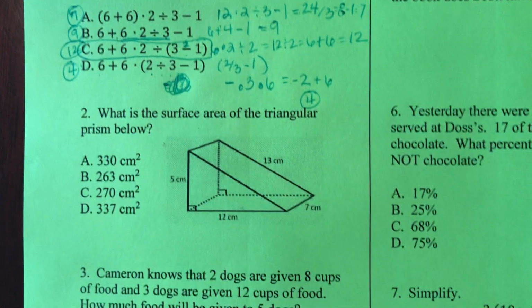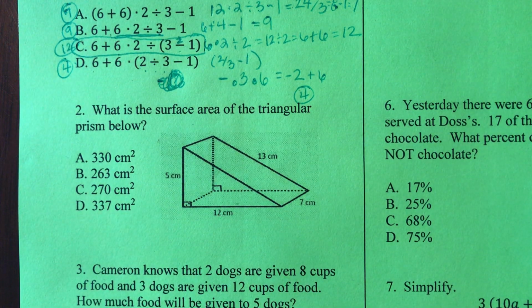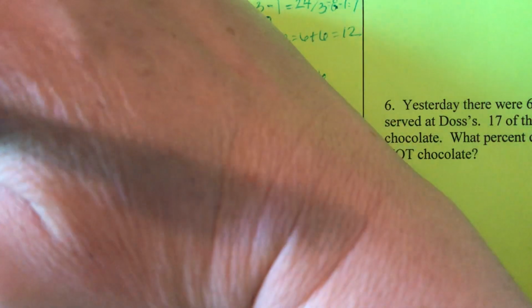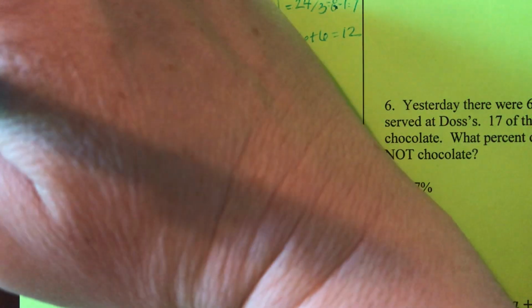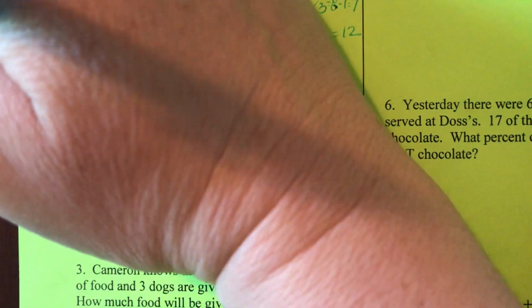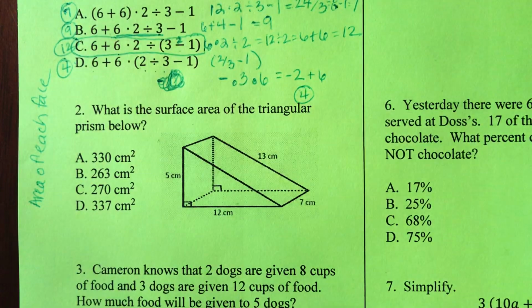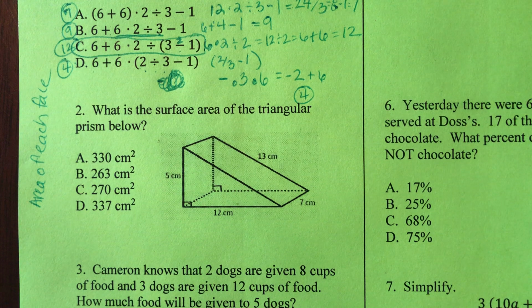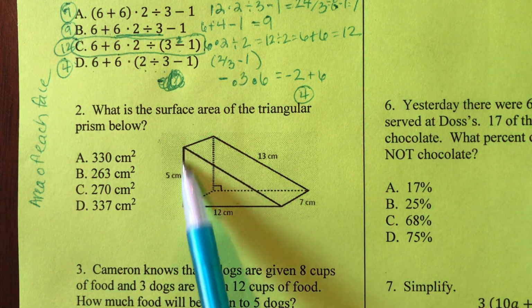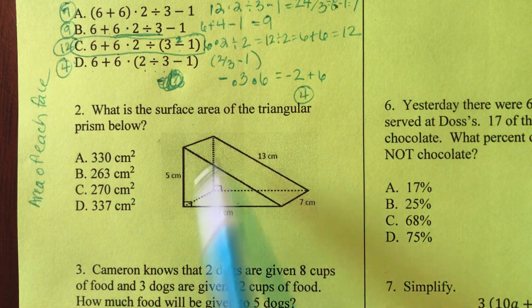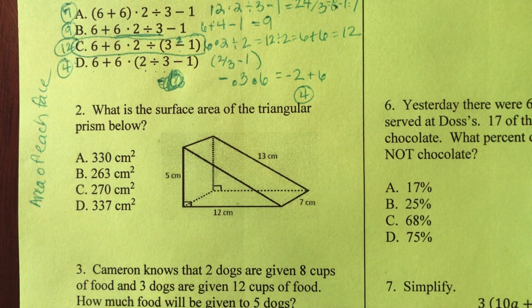Let's take a look at number 2. What is the surface area of the triangular prism? I've got to find the area of each face. I know that I'm going to have 2 triangles, so that's 2 faces, and then 3 rectangles.